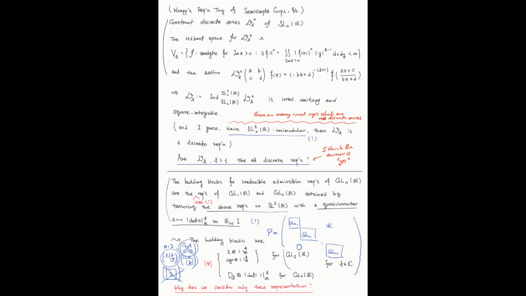And so what happens in p-adic representation theory is that there are some irreducible representations which are not subquotients.